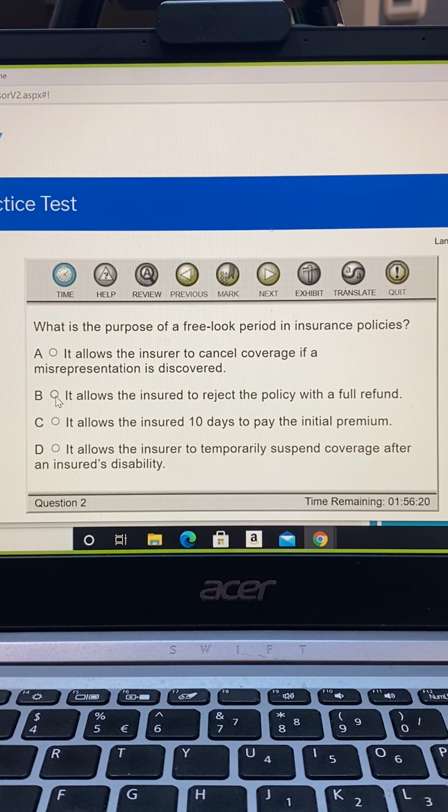Exactly. It allows the insured to reject the policy. They would try to throw you off because it says the insurer, and then says the insured. So they'll try to throw you off with little basic stuff like that. You might know what a free look period is, but if you're rushing and misread it, you can make a mistake.